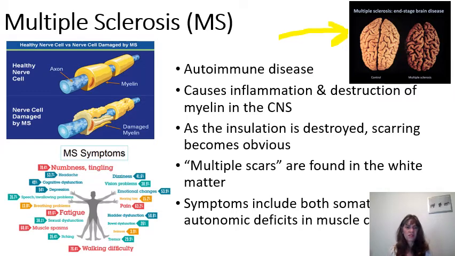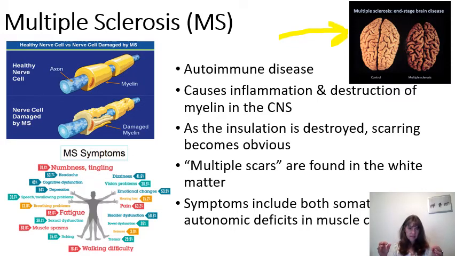deficits in muscle control. People with multiple sclerosis may experience things like the inability to balance themselves, or they might have the inability to focus their eyes because they can't control their extrinsic eye muscles, and so their vision may become blurred.